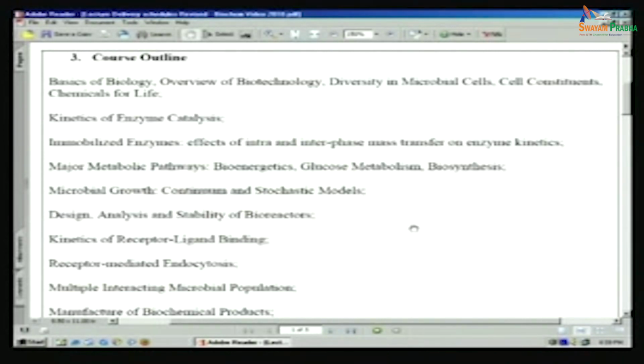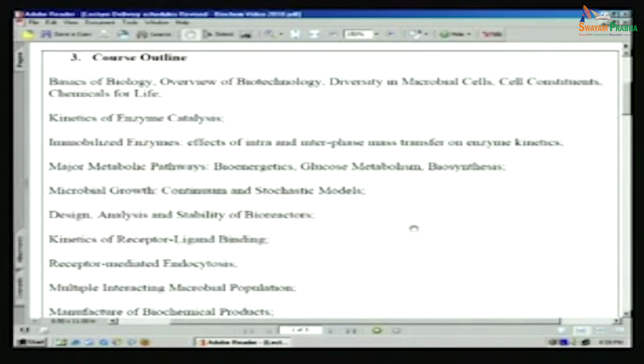Then we go to a larger scale where, when we deal with microbial growth, you talk about not just one cell but a cluster of cells and how these cells grow. So now you are moving on from the micro scale, which is the scale of a single cell, to the mesoscale, which is the scale of a cluster of cells, and so on.